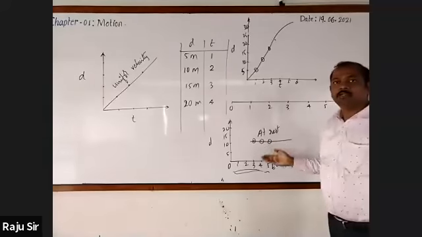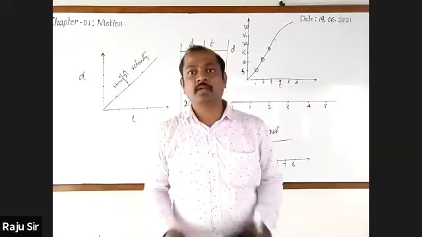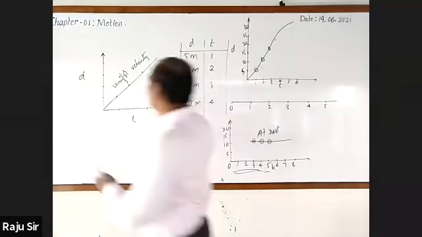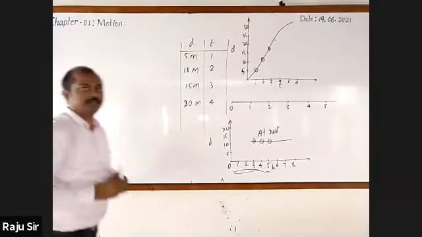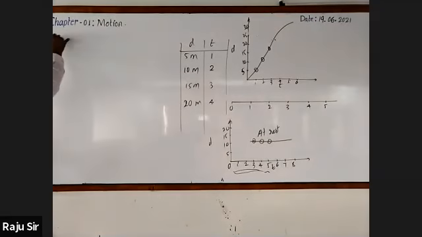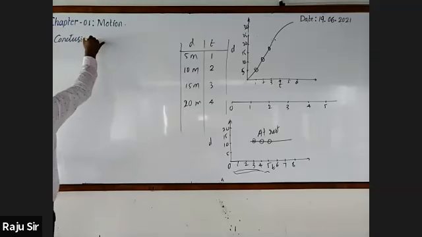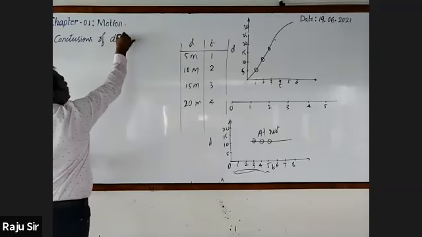If the line is parallel to the time axis, the body is at rest. So these are the 3 important conclusions. Now you write the side heading: Conclusion of DT graph.